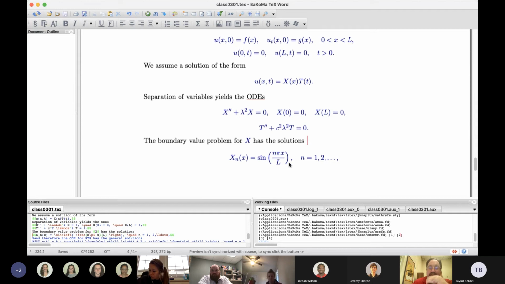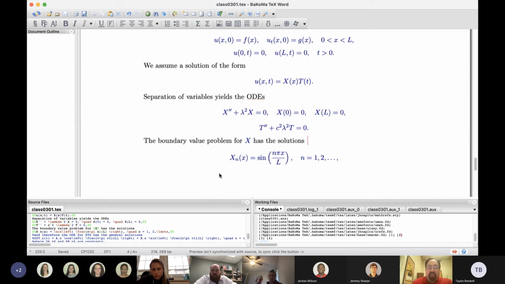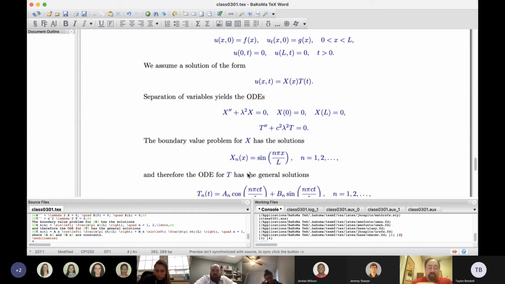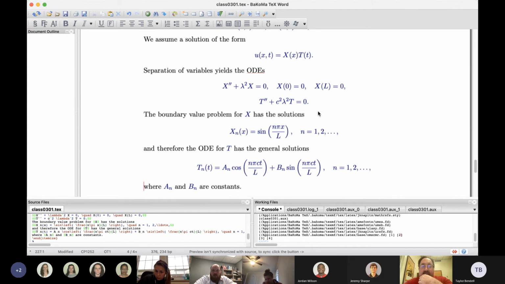So that part doesn't change. So then the eigenvalue, lambda in this case, turns out to be n pi over L. So that's what gets substituted in here.